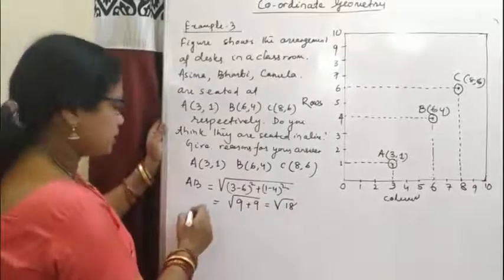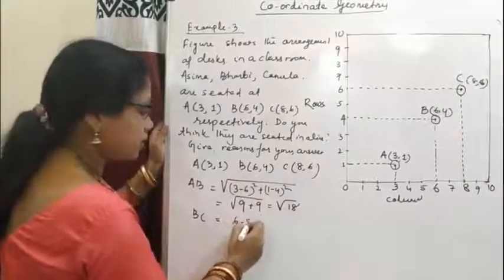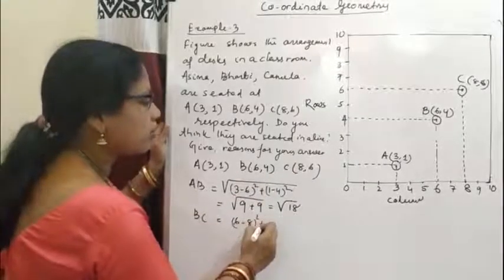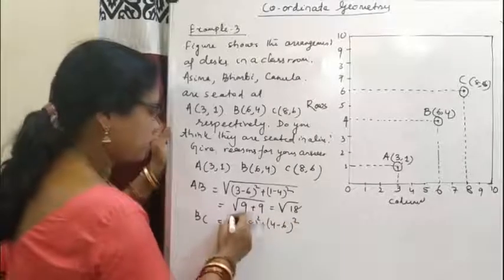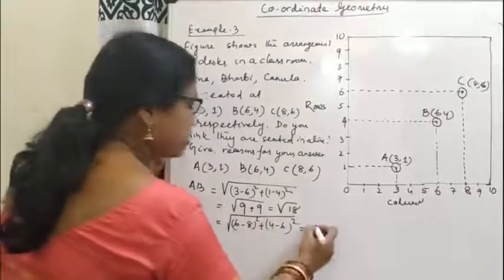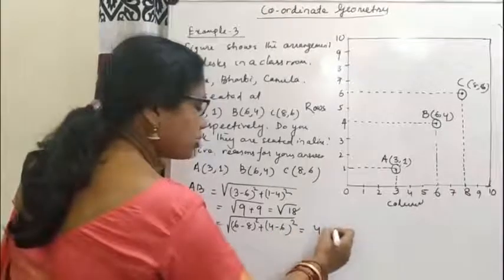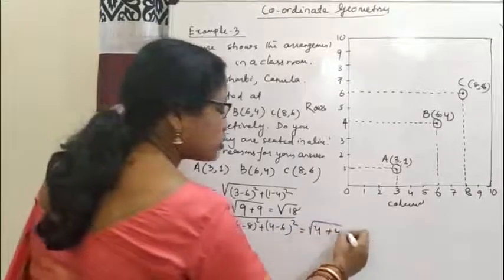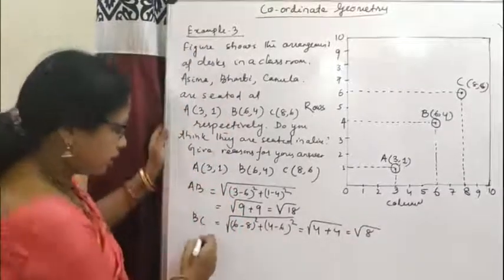Again BC is equal to the square root of (6 minus 8) whole square plus (4 minus 6) whole square. So this is equal to 6 minus 8, that is minus 2 whole square, 4, plus this is also minus 2 whole square, 4. So this is equal to the square root of 8. Then what is AC?